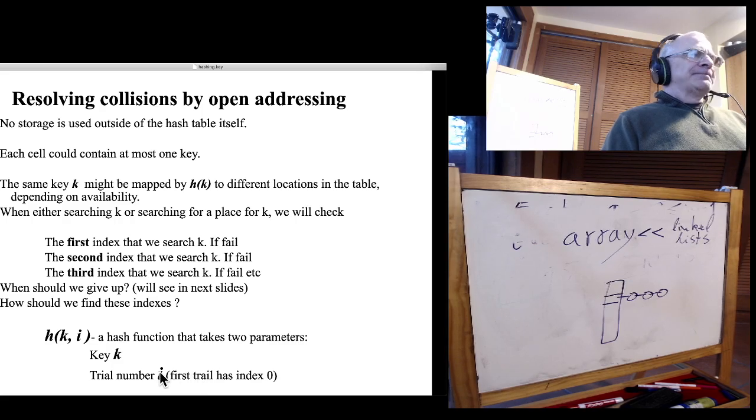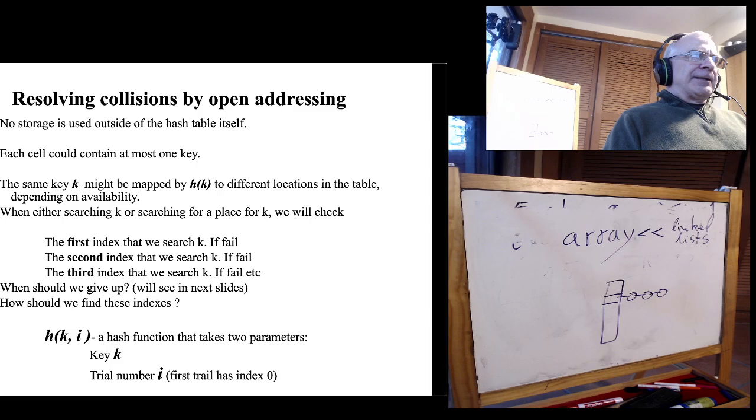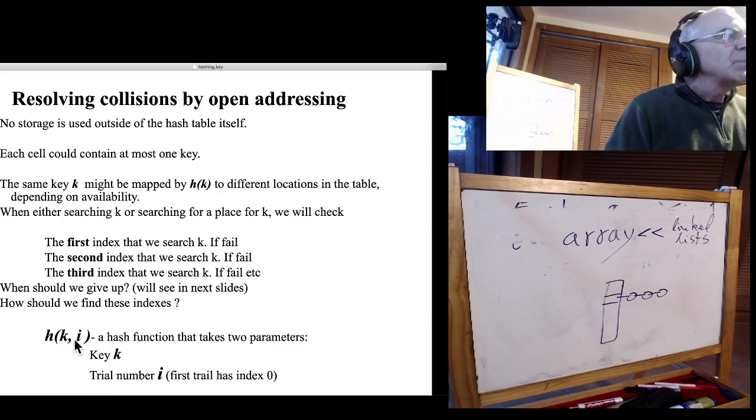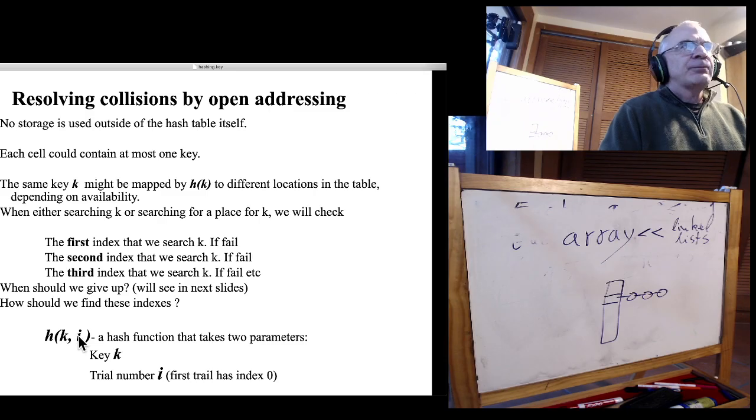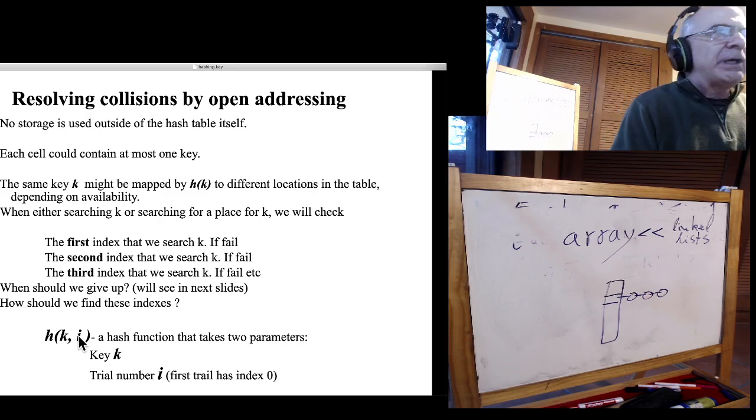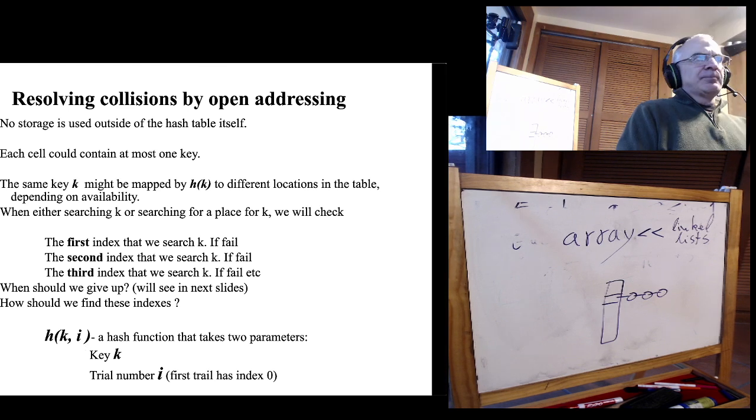Is this my first trial? Am I in my first try to search for this number K? Then I is 0. Is this my second trial? Then I is 1. Is this my third trial? Then I is 2. So the same key, to find where it is, I also need to know at which trial I am in my search, insert, or delete process.